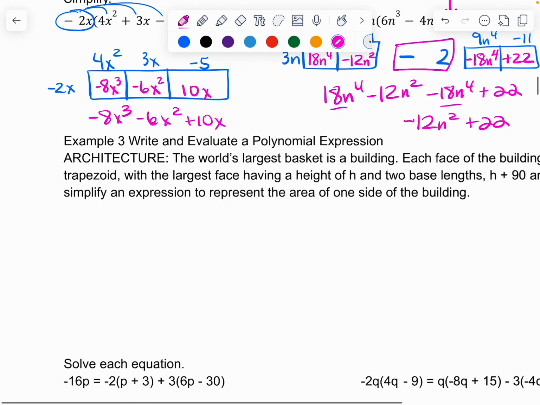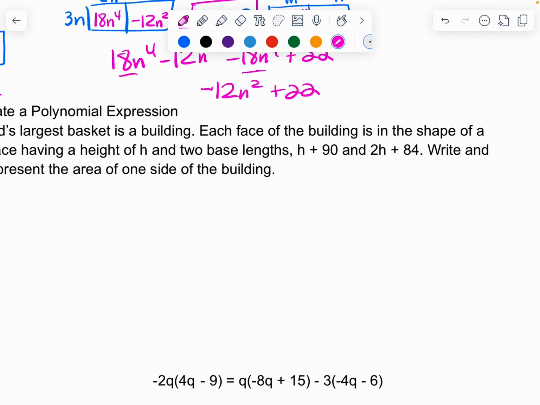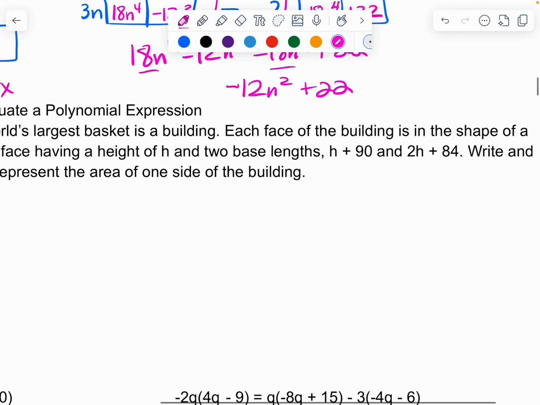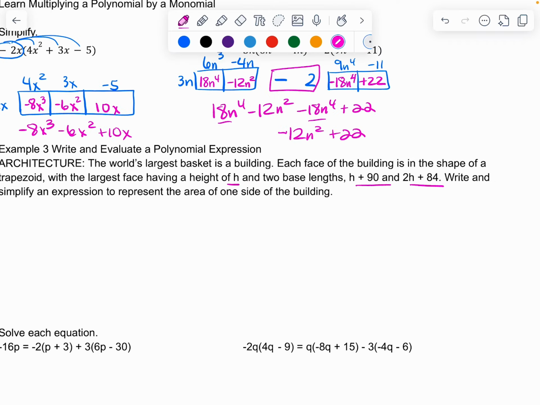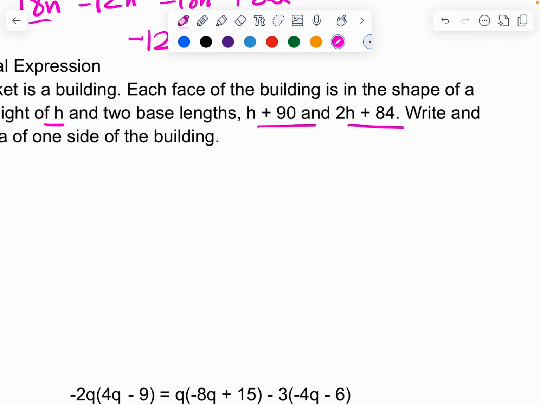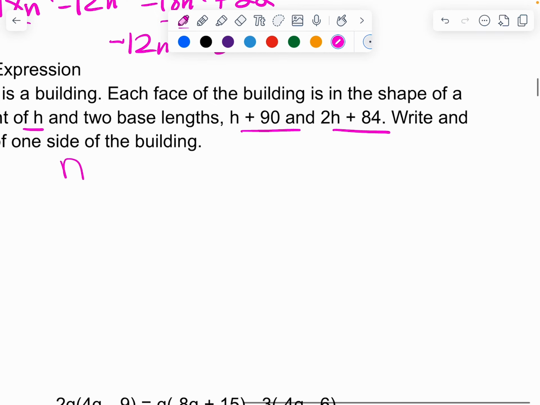Okay, so we have the height, and then these are the two bases. Okay, so I'm trying to, oh, I could do it right here. That's what I could do. Height, our area is 1/2 height times base 1 plus base 2.